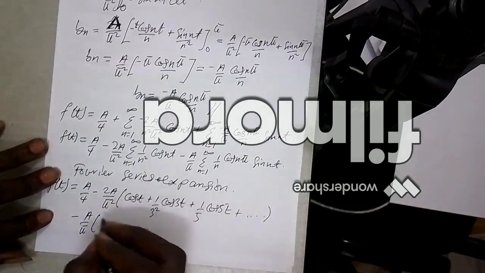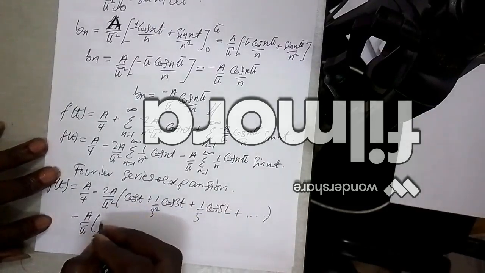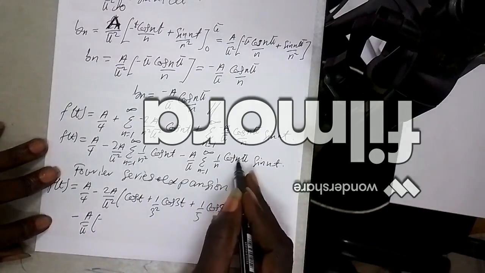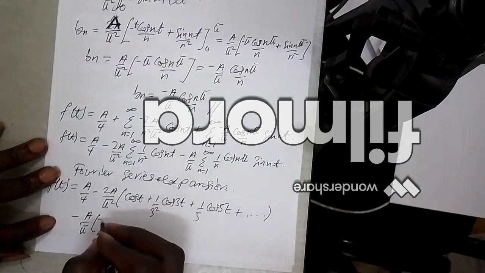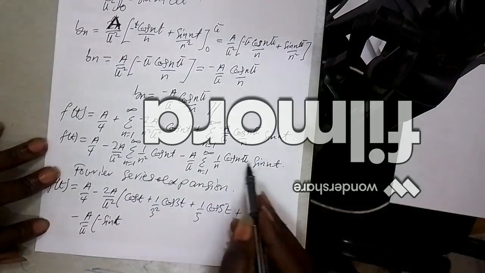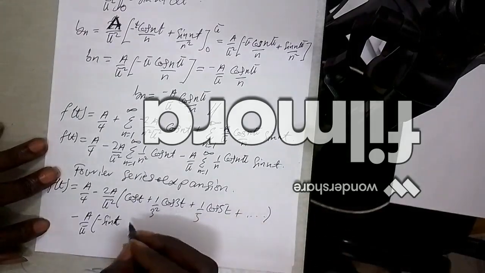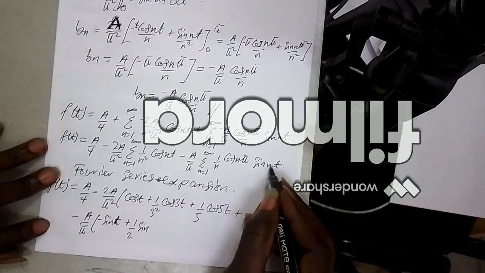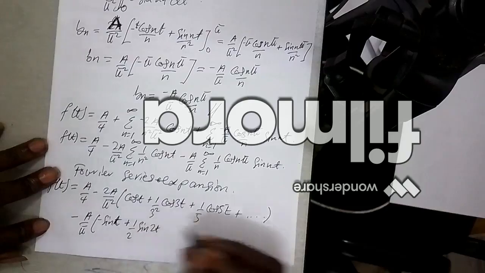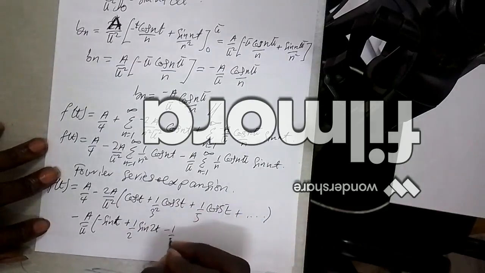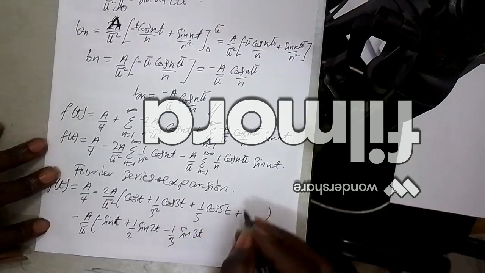Now if I put in 1, if n is 1, you've got cos pi, which is minus 1, so I'll have minus sine t. Now cos 2 pi is positive 1, so I have positive 1 over 2 sine 2t. Now put n equals 3: that is minus, so I'll have minus 1 over 3 sine 3t.